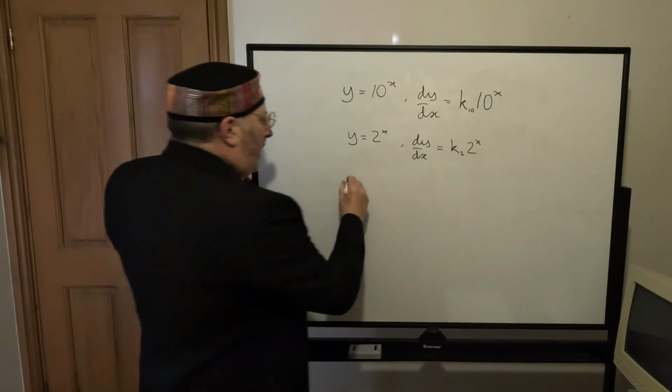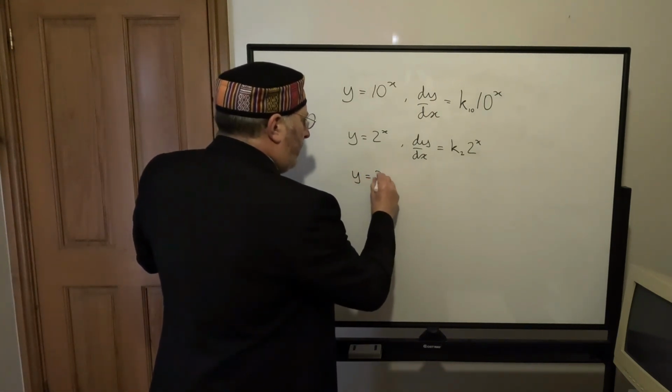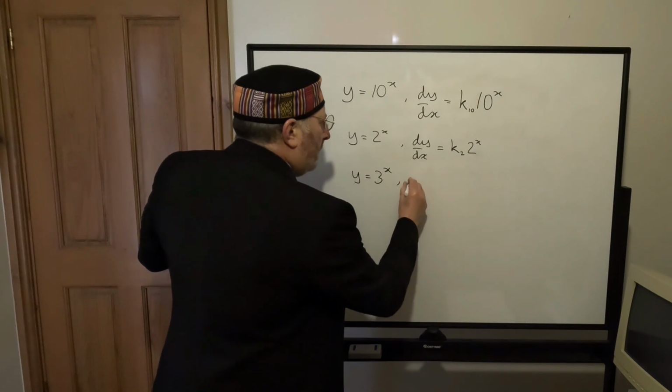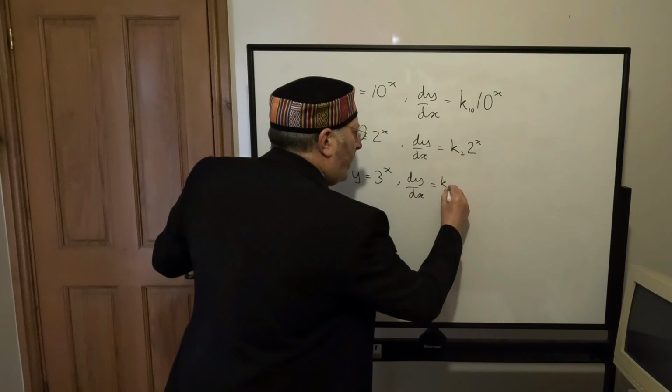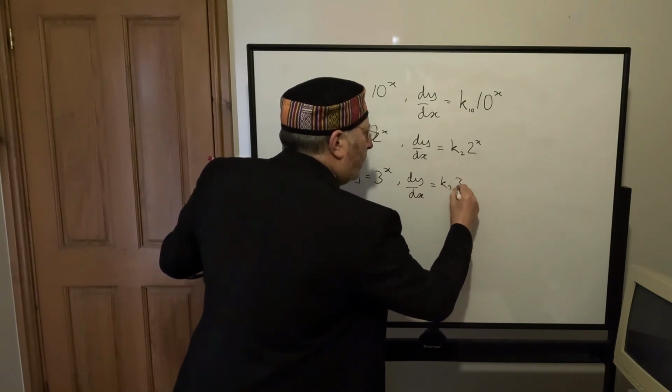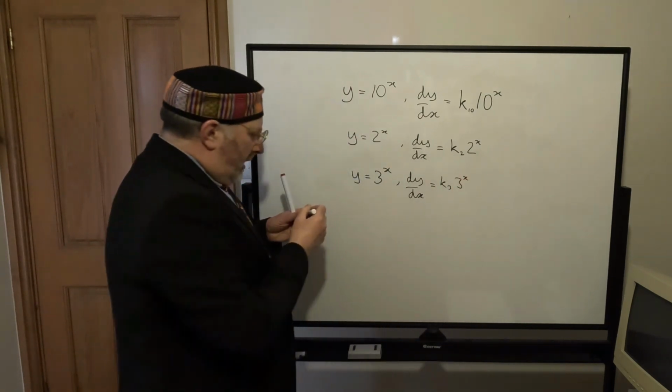And then if y equals 3 to the x, dy by dx equals k3 times 3 to the x.